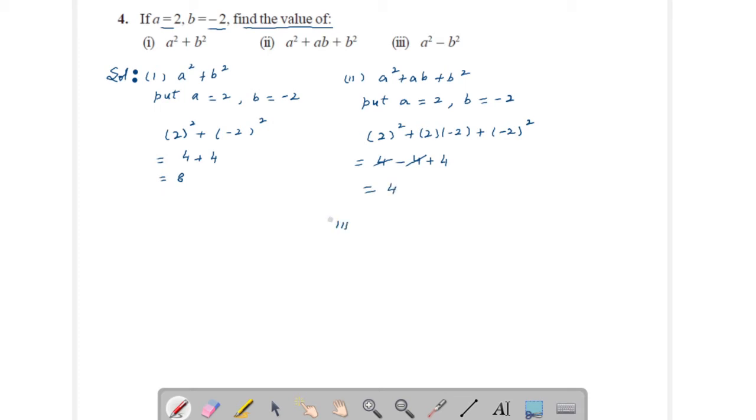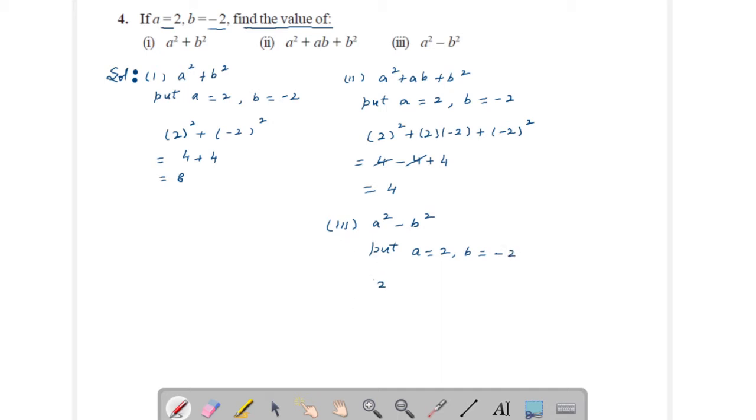Now come to third part. A square minus b square. Here put a equal to 2, b equal to minus 2.